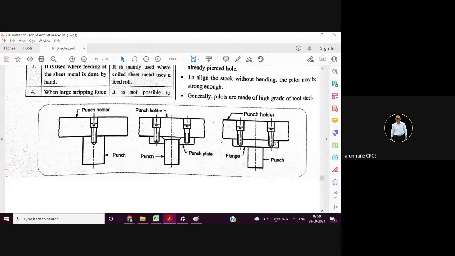This is for a bigger punch. Like this is the punch, so you have given a collar here, and then it is bolted. So this is for the large punch. These two are used for the smaller punches.